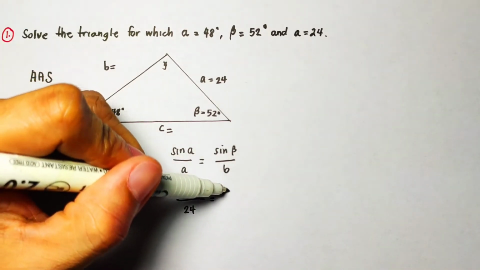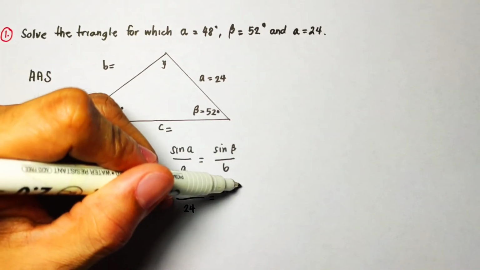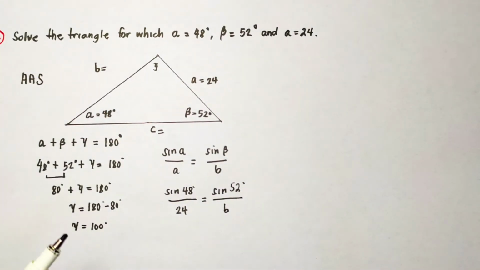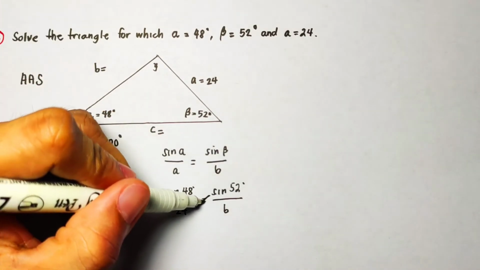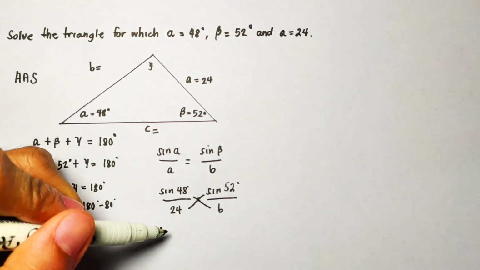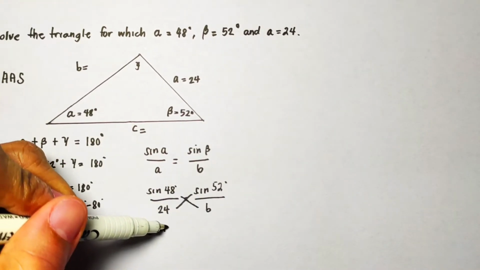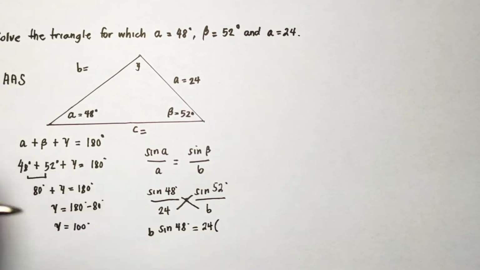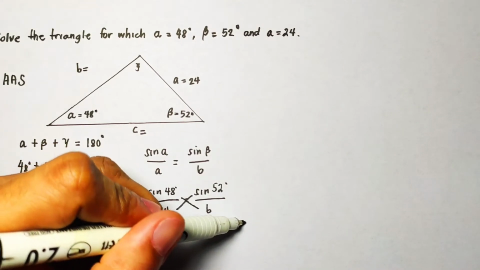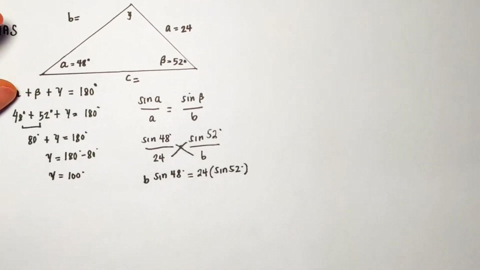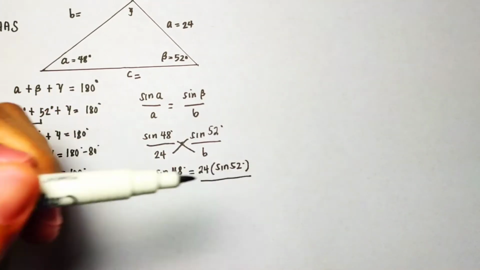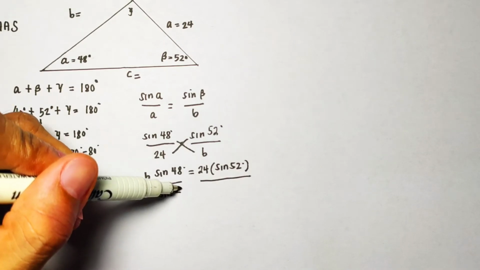The value of beta is 52 degrees over side B. So solving for this, we can find this side B. And how to do that? Let's cross multiply. So we will get B sine 48 degrees equals 24 times sine 52 degrees. Okay, and then to isolate this side B, we can divide by sine 48 degrees.